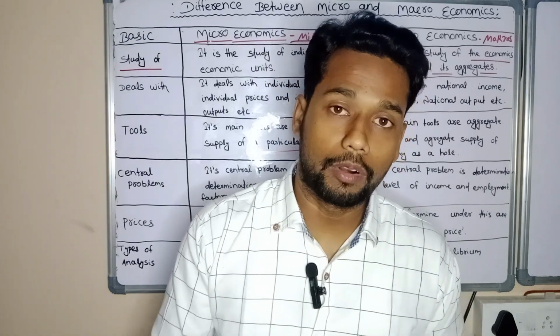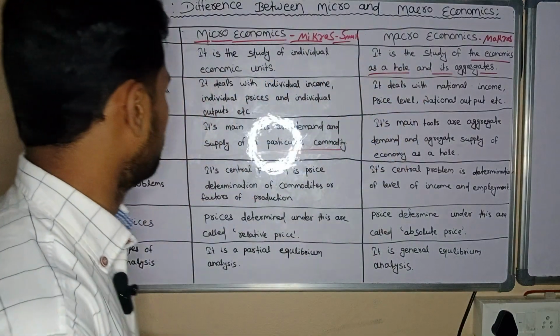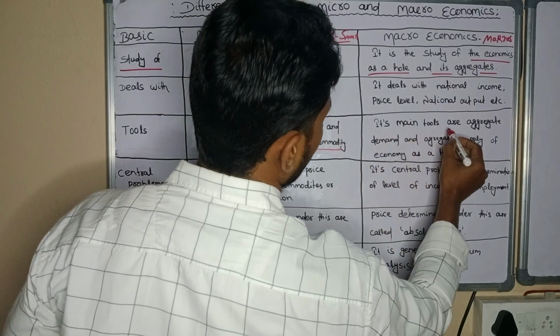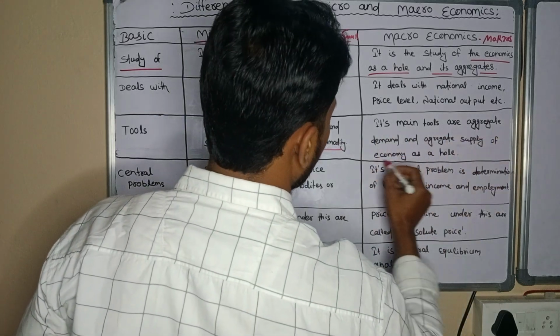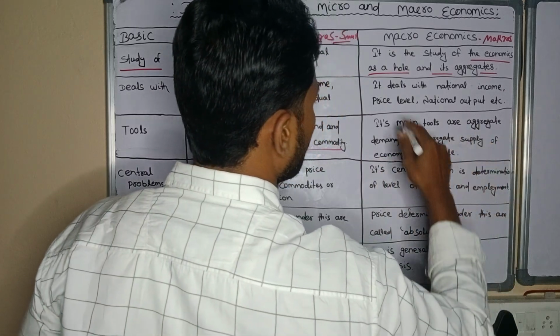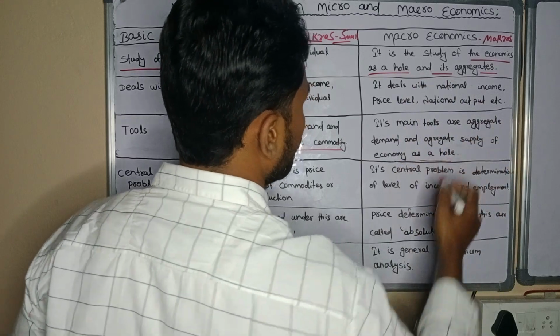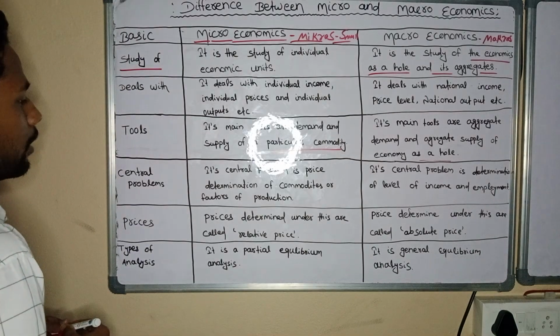This is called a microeconomic decision. Then macroeconomics: the main tools are aggregate demand and aggregate supply of the economy as a whole. It is nothing but the aggregate of all the demand and supply of the economy as a whole. This is called macroeconomics.